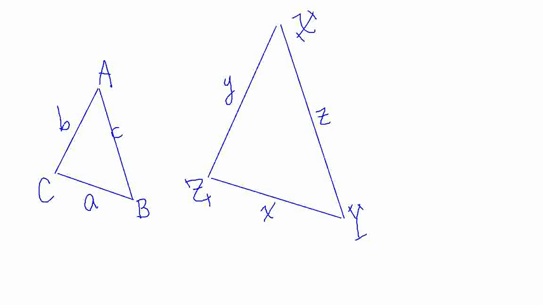Okay, so I've drawn two triangles and I've named the vertices and the side lengths of both triangles. Let's assume we had a similar situation to the last example.